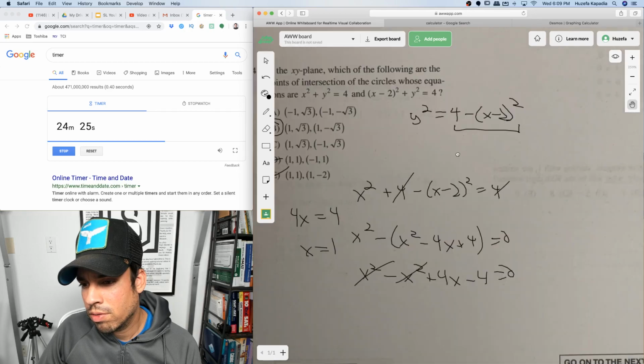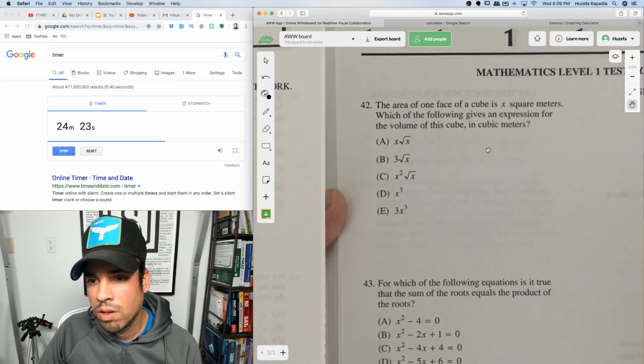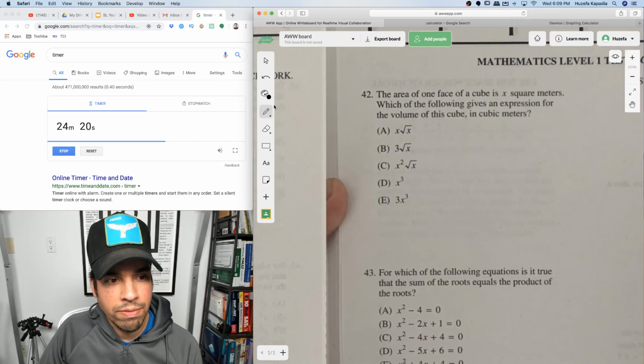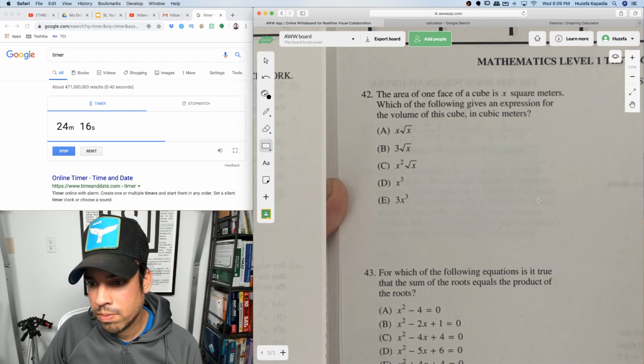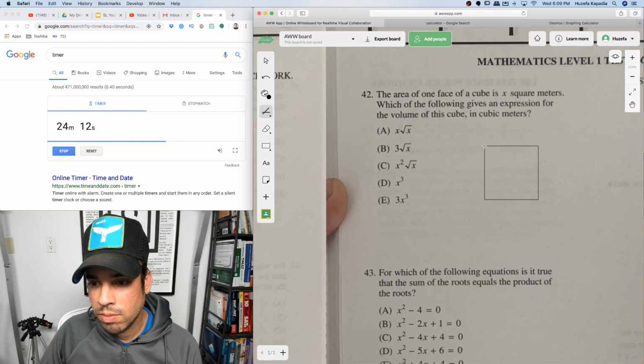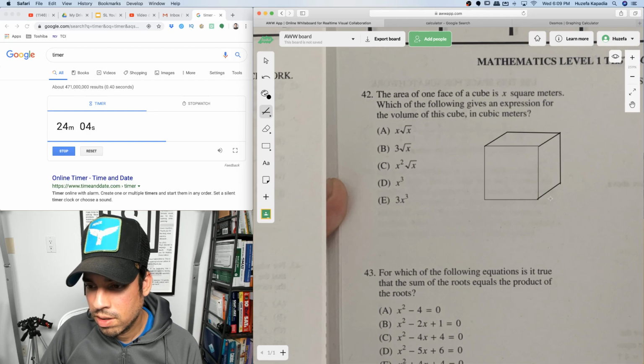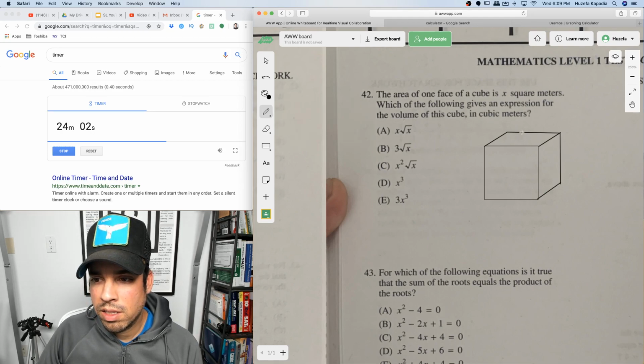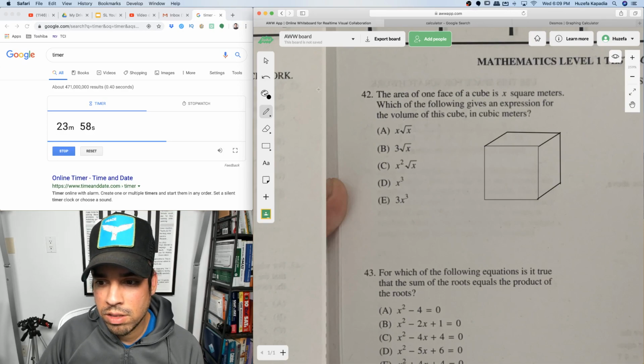Okay. 42. The area of one face of a cube is x. Let's draw a cube. All right, here we go. The area of one face is x.